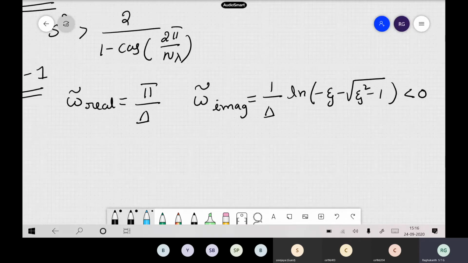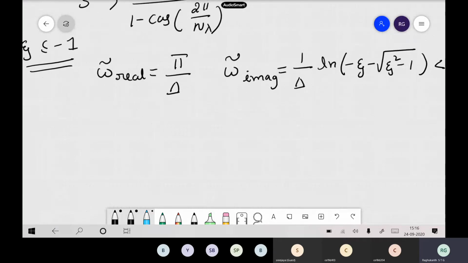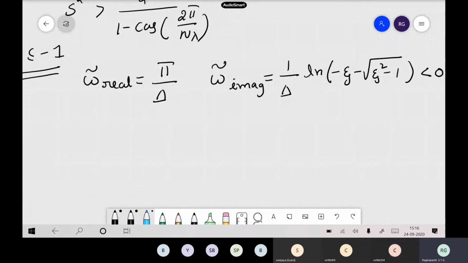So now what does it tell you? What is it physically trying to tell you? Damping is there, but whether it is a stable or unstable scheme? Unstable. For that, we have to see whether an exponential increase or an exponential decrease will be there.